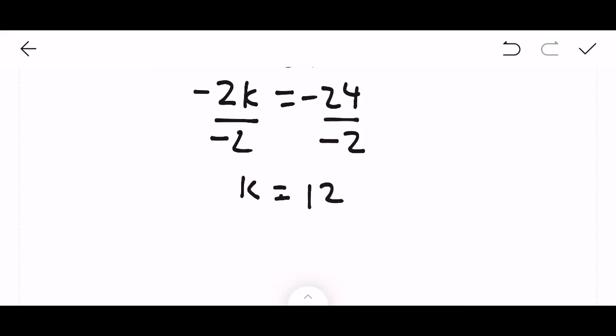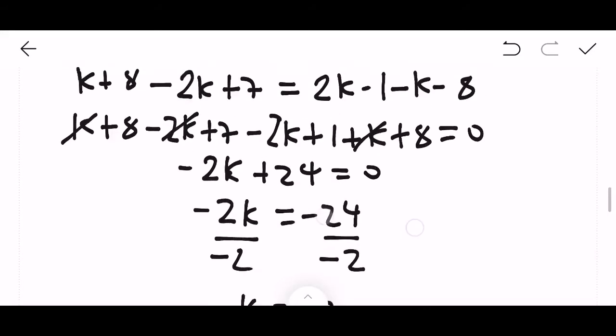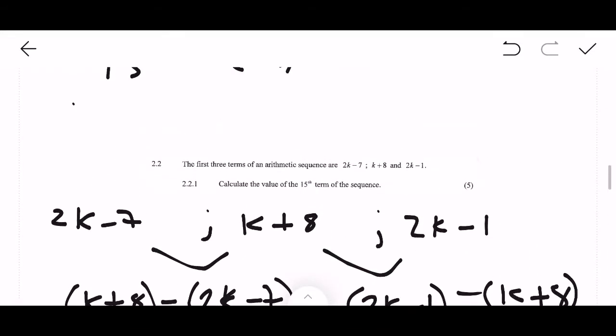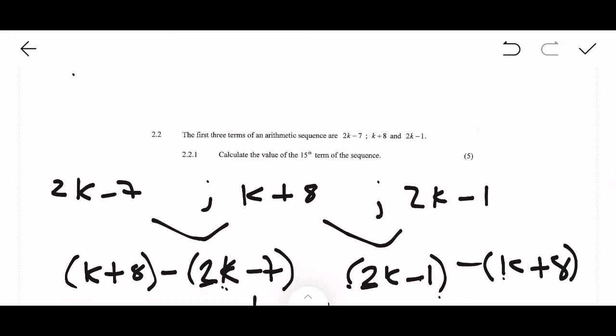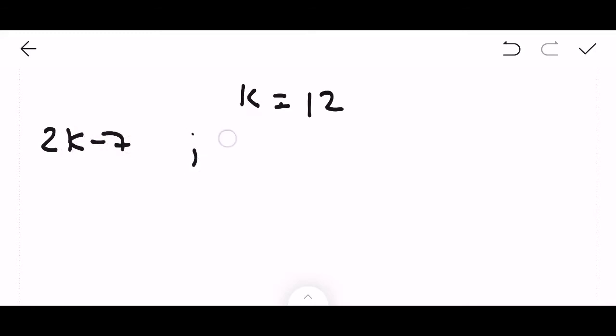So now we need to go back to these values, and we need to substitute the value of k. So now we'll have 2k minus 7, we have k plus 8, and we have 2k minus 1.